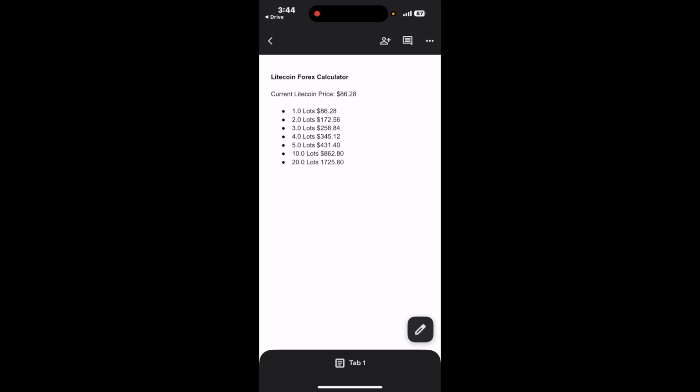Basically, that's how you calculate it and how you know how much lot size to use.